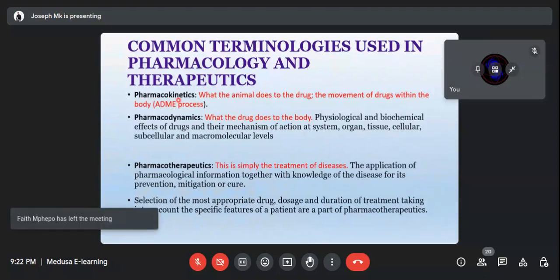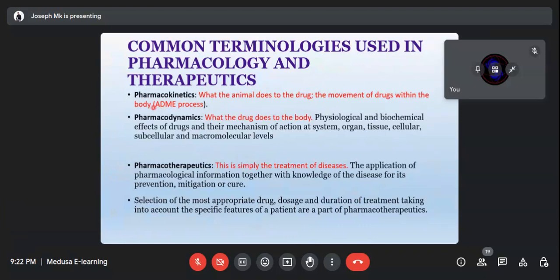Once you administer a drug to someone, they ingest the drug, let's say orally, and then what will happen once it reaches the stomach and the intestines? Obviously, the drug is going to be absorbed, because for it to start working, it has to be in the bloodstream. So that's where ADME comes in.